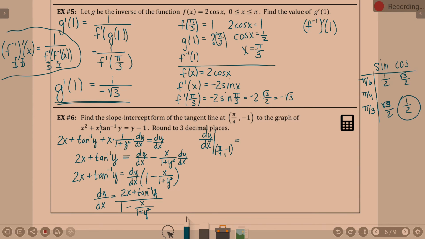Okay, so 2 times pi over 4 plus tan inverse of negative 1 over 1 minus pi over 4 over 1 plus negative 1 squared. That's fun, isn't it?